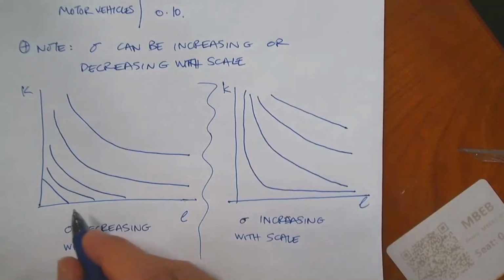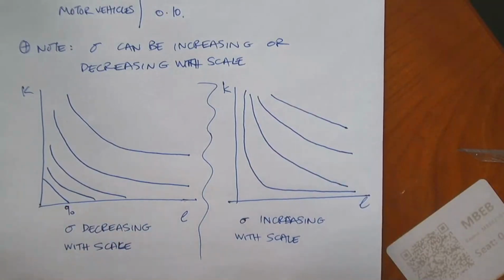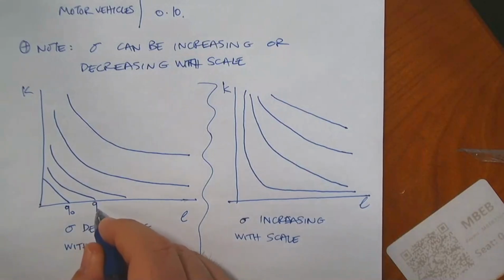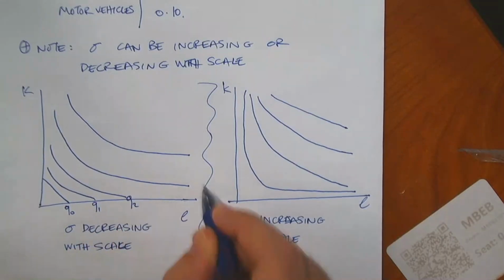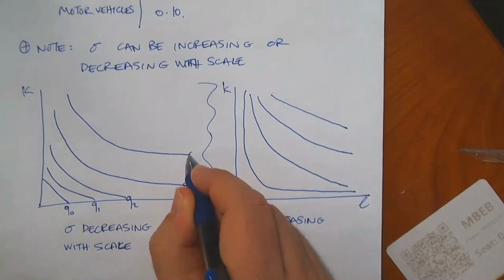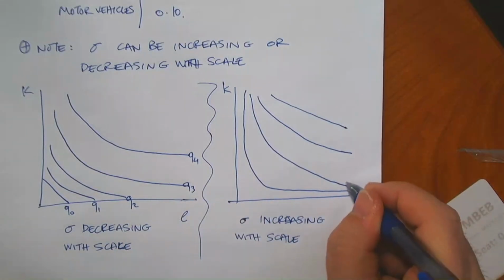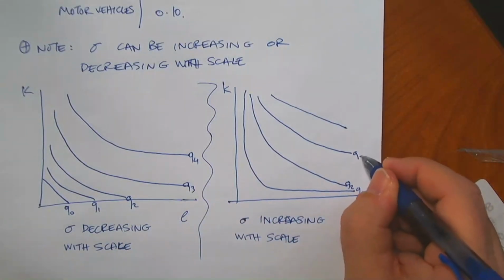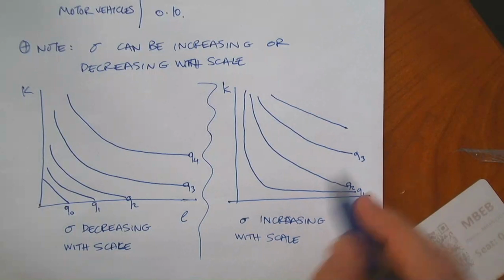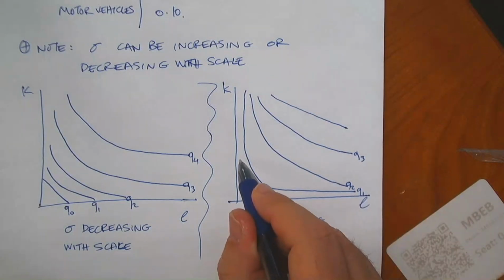Okay, so I should put something over here that denotes output: Q1, Q2, Q3, Q4. I didn't have a Q0. I don't know what would be the Q0.